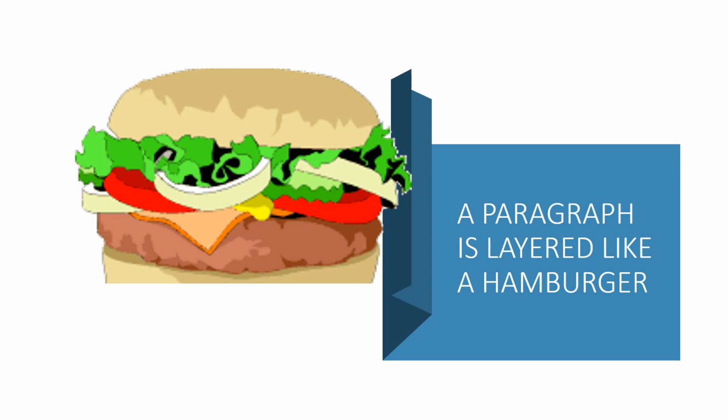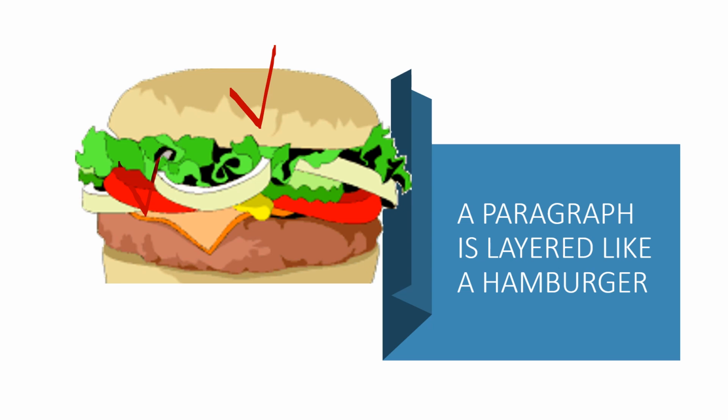Have you ever tried a hamburger? Well, we can use a hamburger as the representation of a paragraph format. If you identify, a hamburger consists of top bun and the content can be lettuce, cheese, tomatoes, what else?